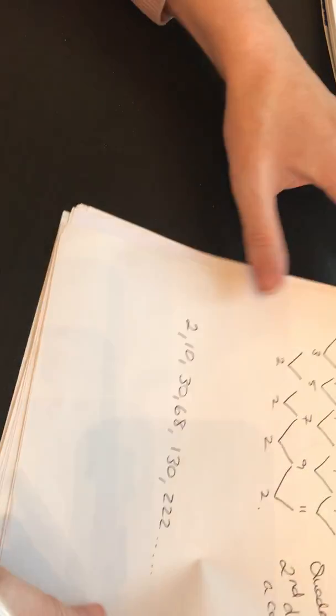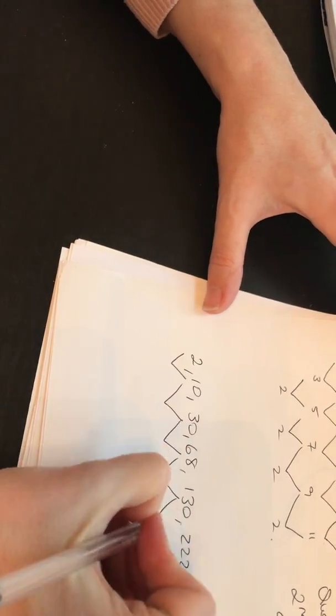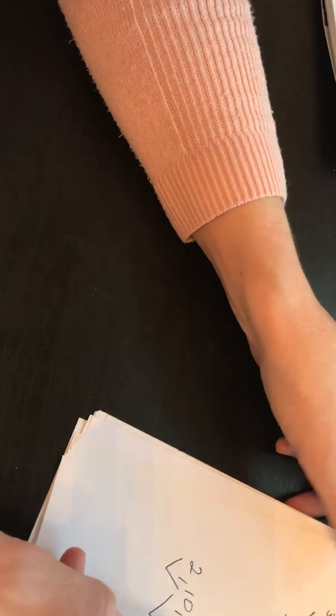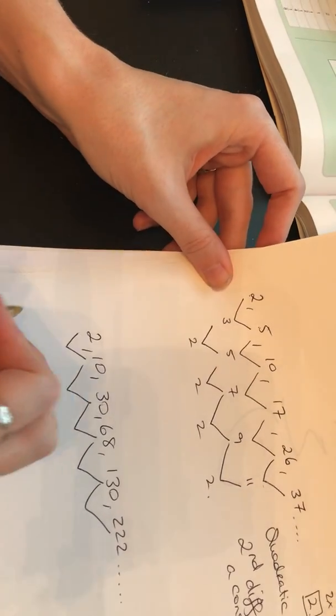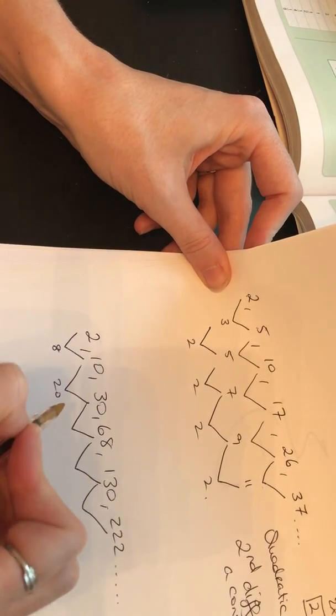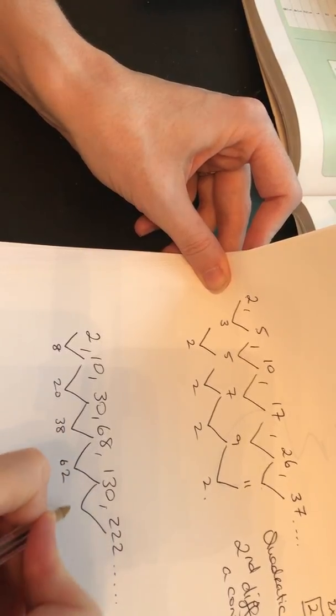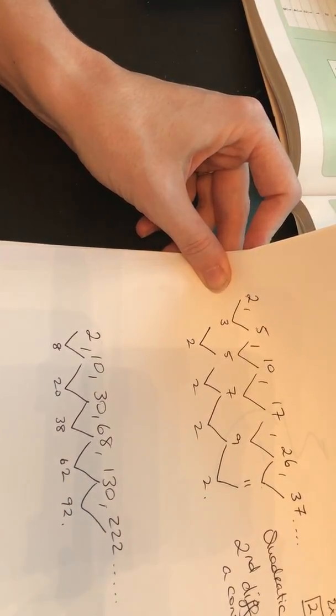Let's have a look at the third one here. So let's just see what's happening all the time. We have differences of 8, 20, 38, 62, 92.